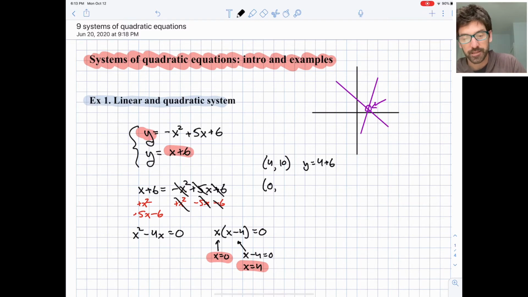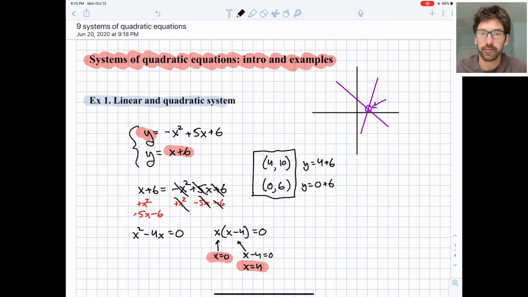Our second option had x equal to 0, and so again we'll plug in 0 for x into our linear equation, and 0 plus 6 is 6. So these are the two intersection points on our graph. We found two different points, which we never found with a system of linear equations, right? We only ever found 1 point or 0 points or infinite points. But here we found two discrete points, and let's go ahead and look at the graph on Desmos to confirm.